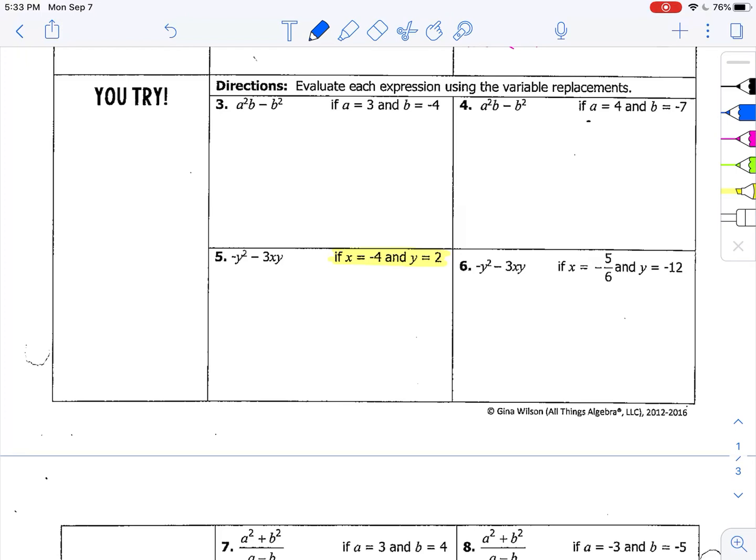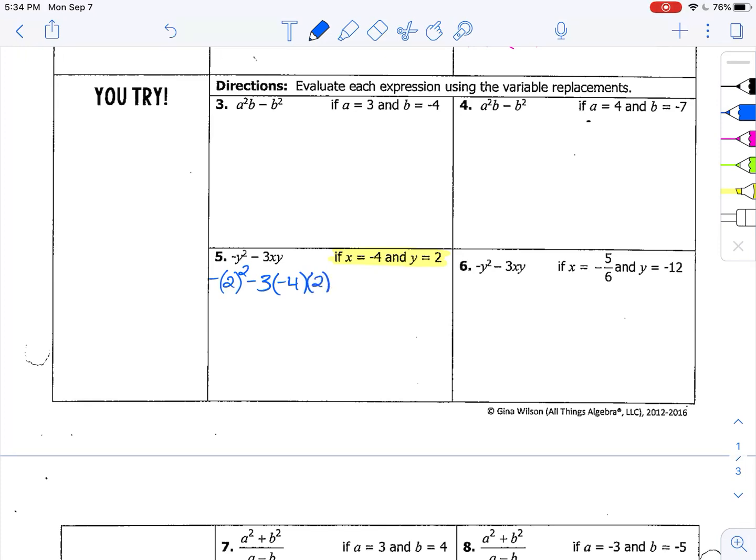We want to start by bringing down the negative in front of our y, and then in parentheses, 2 squared. So notice the negative is outside the parentheses and the squared is also outside the parentheses. The only thing we want inside the parentheses is the number we're substituting. Minus 3 parentheses. Instead of x, we're going to put in negative 4, and instead of y, 2.